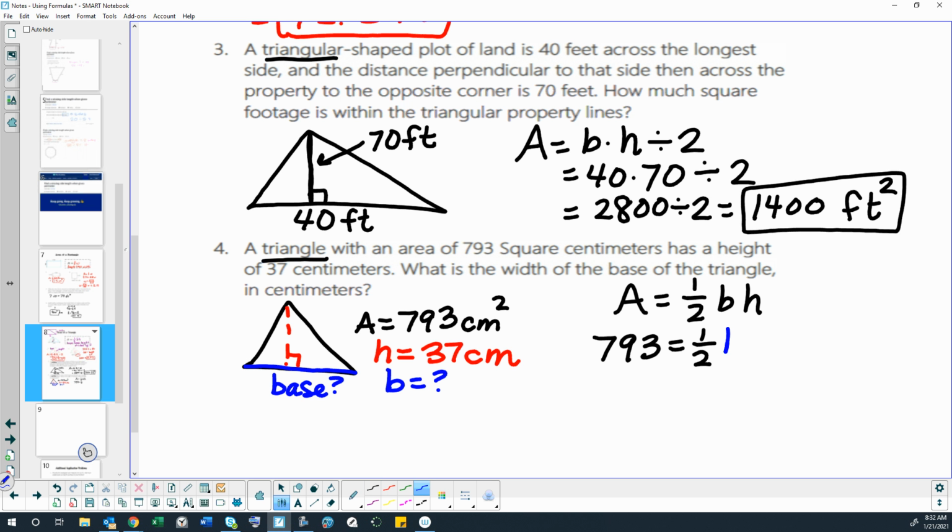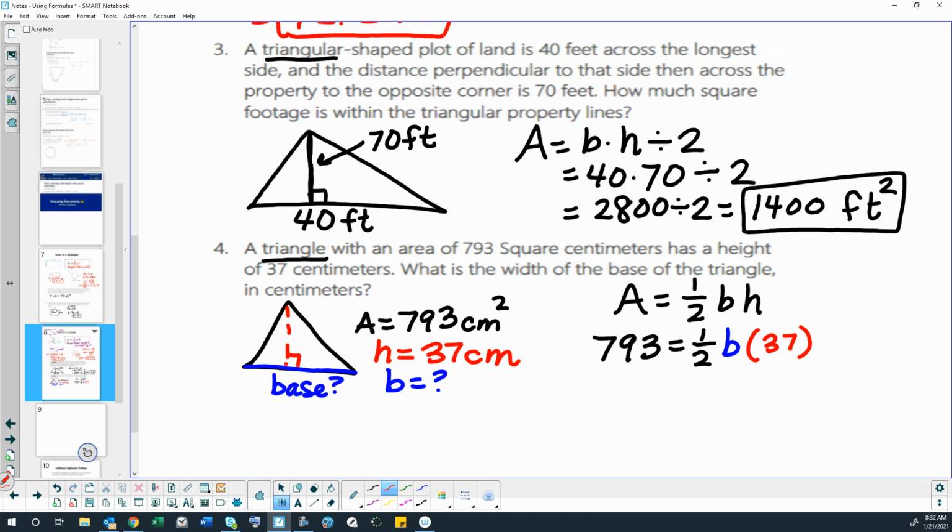The base we don't know yet. And the height is 37. Notice how I left the units out for now while I do the math here. There's 2 different ways you can approach this problem. You could go ahead and do like I did in problem 2 and multiply by 2 to get rid of the 1/2. But another way you could do this problem is to actually do half of 37 first.